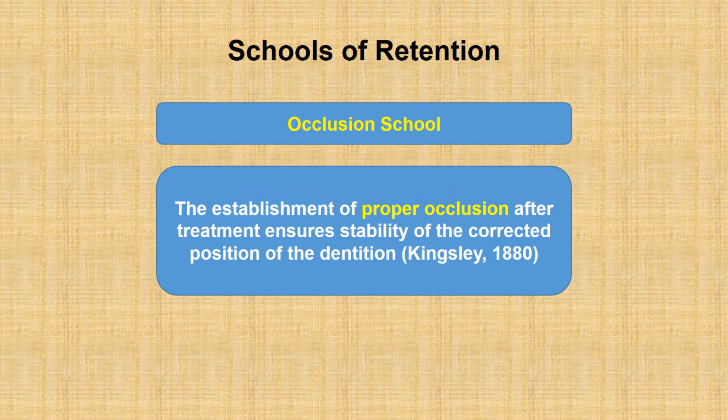Now, what are the schools of retention? Now, there is an occlusion school of retention, whereby it's stated that the establishment of proper occlusion after treatment ensures stability of the corrected position of the dentition.